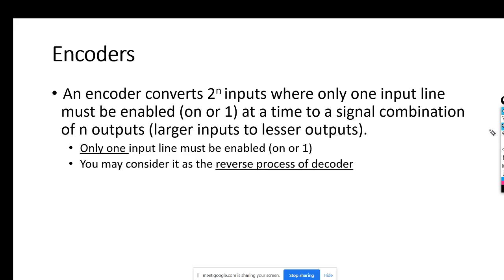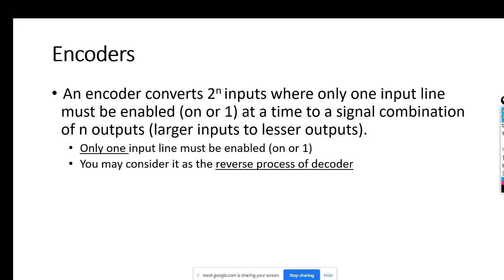Since we don't want to cover a lot of things and have time restrictions, and in your syllabus they have not mentioned much about encoders, I'm not going to discuss it. But if you want, you can go to YouTube. There are so many tutorials that will explain how encoders work. I'm just going to explain just one type of encoder only.